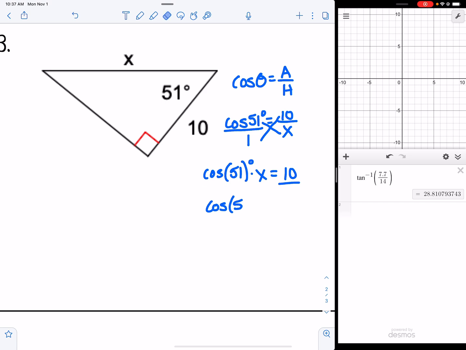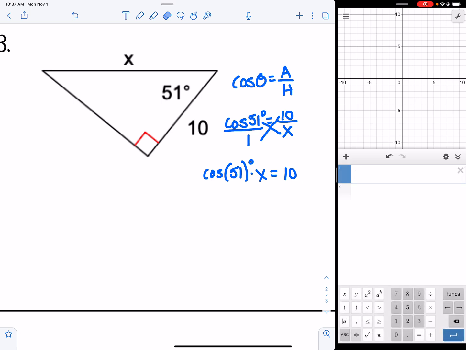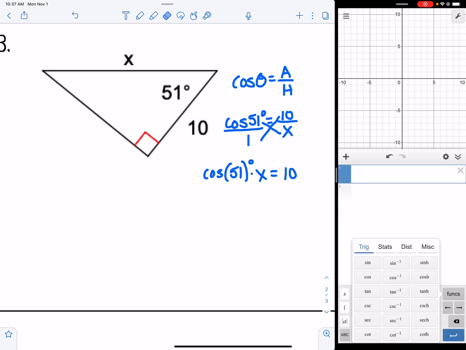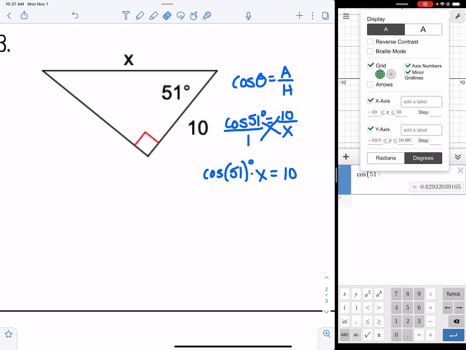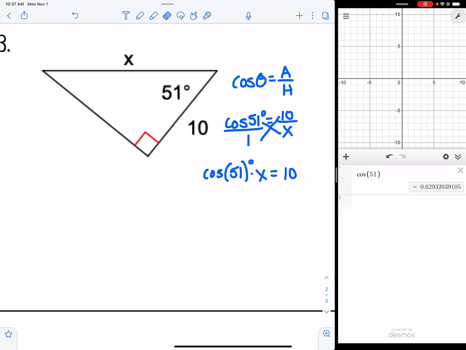And you could actually go ahead and figure out what that number is, which might look a little easier visually. So let's do functions, and let's figure out what is the cosine of 51. Make sure you hit degree. So that's 0.63. And that just might look a little easier. You could do it either way though.